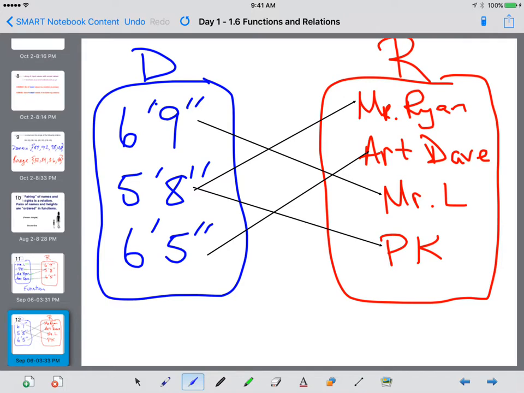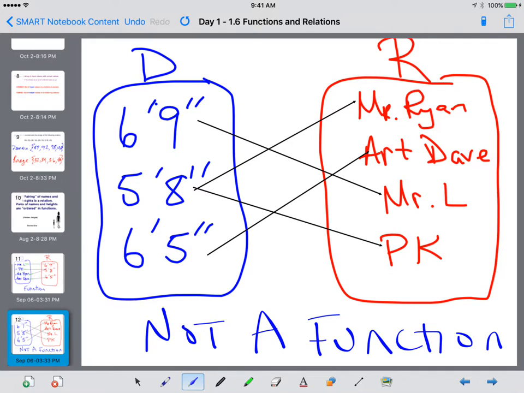Because 5'8" has two outputs, this is an example that is not a function. This 5'8" has one output to PK, one output to Mr. Ryan, meaning it has more than one output, therefore not a function.